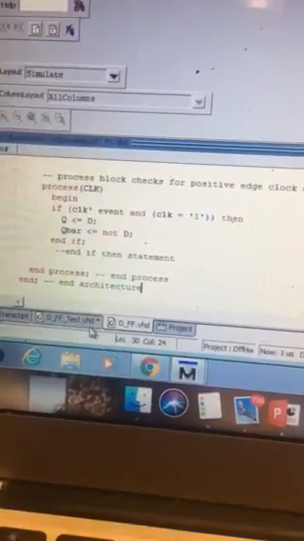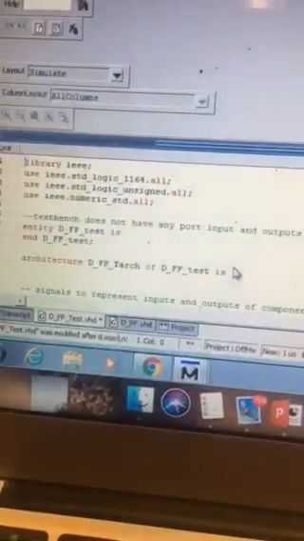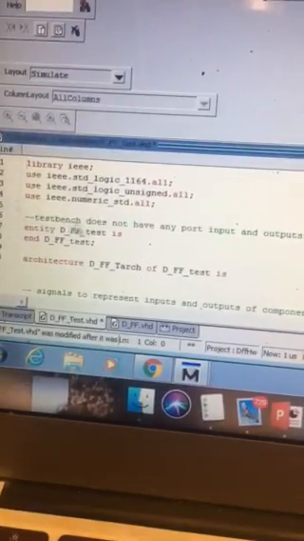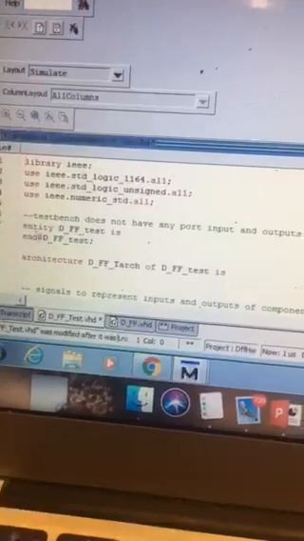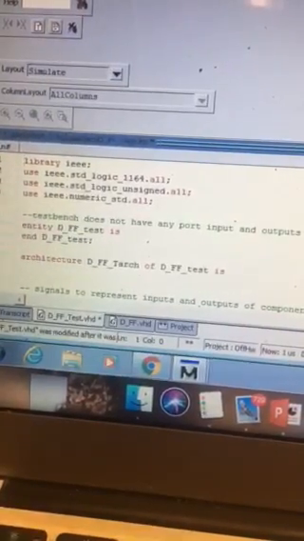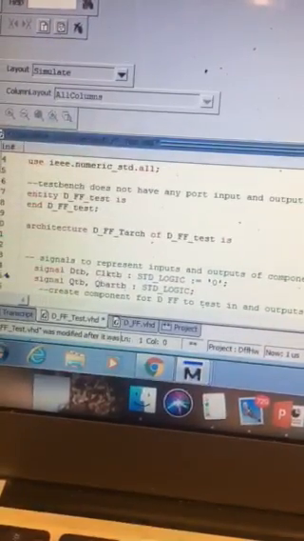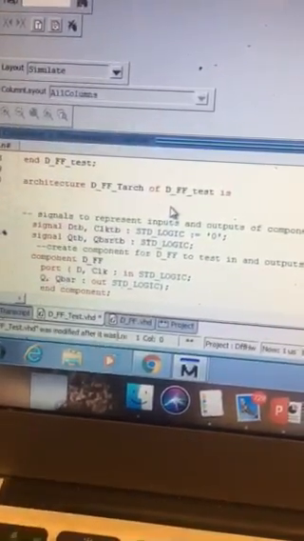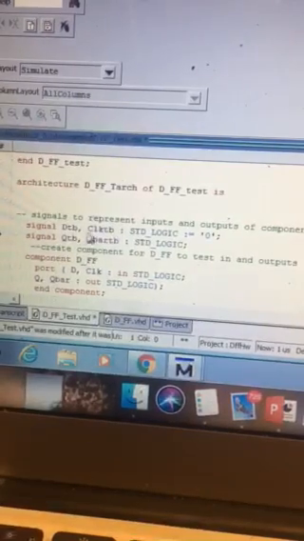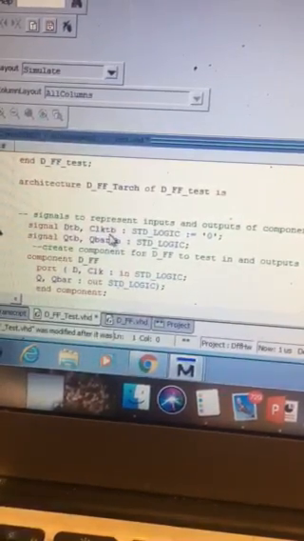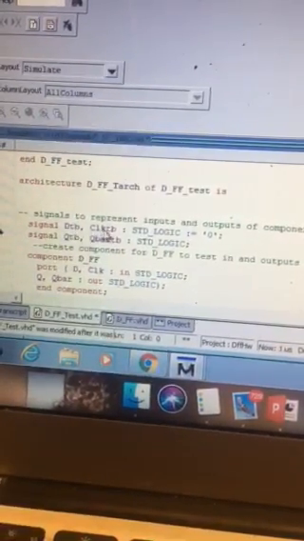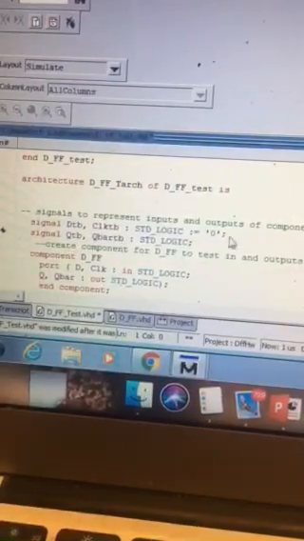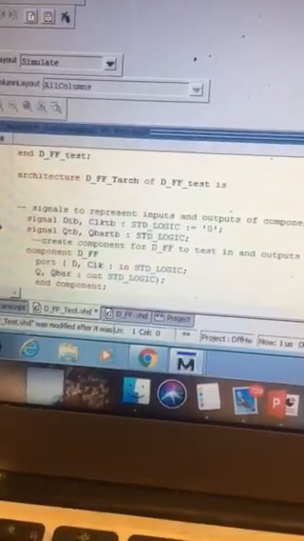D. Here is our test bench, and our test bench basically doesn't have any type of input and output ports because we're testing our D flip-flop file, which our inputs and outputs will be represented by the signals D TB, clock TB, signal Q TB, and Qbar TB for our outputs.